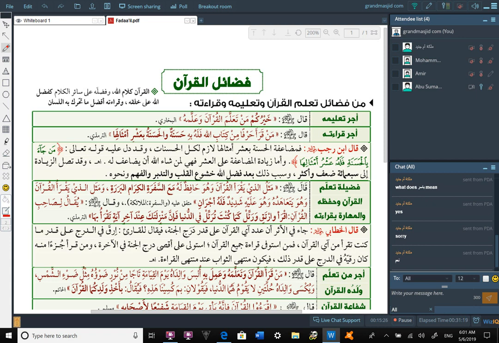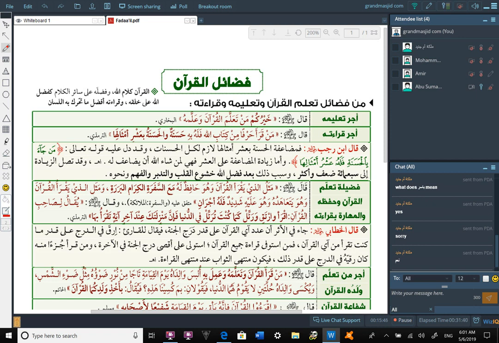Khayrukum. Khayr is one of those few Arabic words where the normal state and its superlative state can be the same, such as we said kabir and akbar, and we had fadila and afdal, or fadl and afdal. Here we have khair and khair. Both of them mean good, better, best.